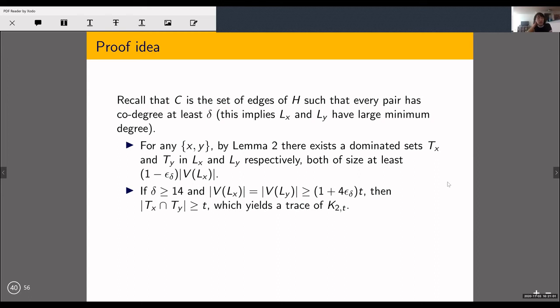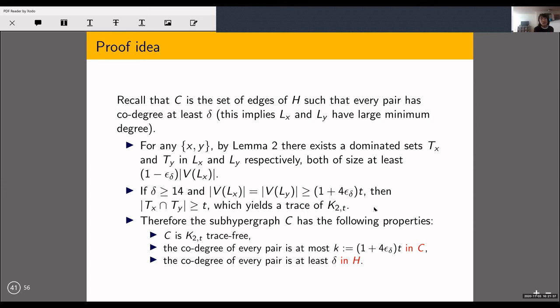By the thing I just said, by lemma 2, there exist large dominated sets of size at least, roughly, 1 minus epsilon times the number of vertices in the link graph. And in particular, if our delta is at least 14, we can choose dominated sets and take the intersections such that the intersection of those dominated sets still has size at least t. Okay, and that's if the number of vertices in the link graph is very large.